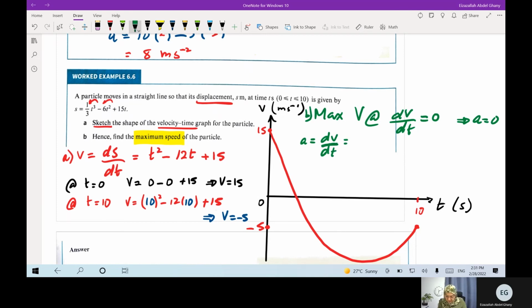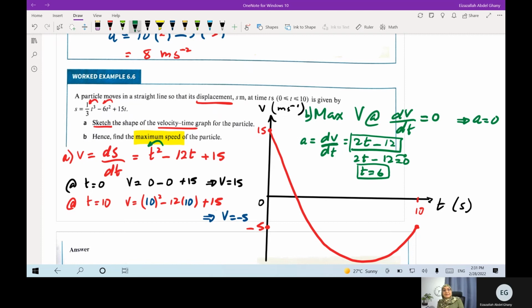We have here v, power goes down, it will be 2t, and minus 12t, it will be minus 12. Put this in a box always. And now we equate it to 0. 2t minus 12 equals 0. Cross the bridge, change the sign, so t will be 6.